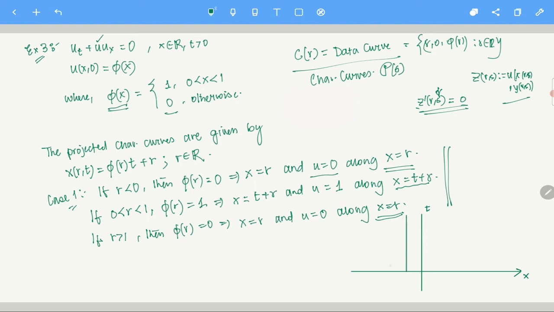The projected characteristic will look like this, x equals R. And let's say this is your x equals 1. For x greater than 1, you have these projected characteristics, which is u equals 0. So essentially x equals R here also.